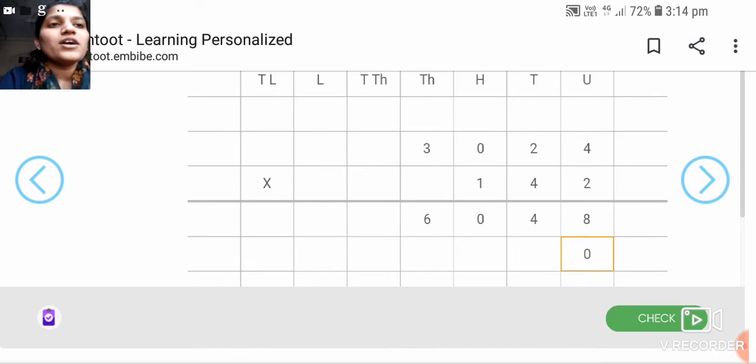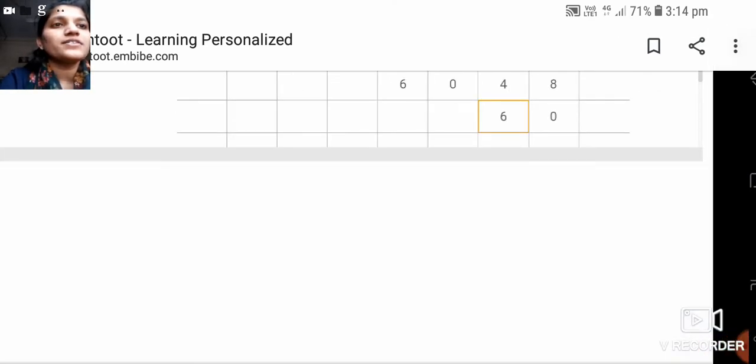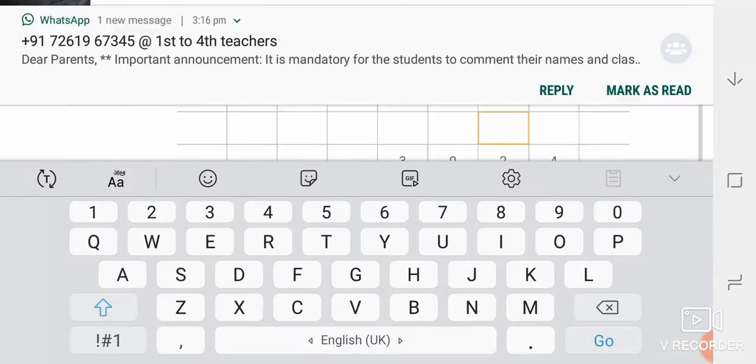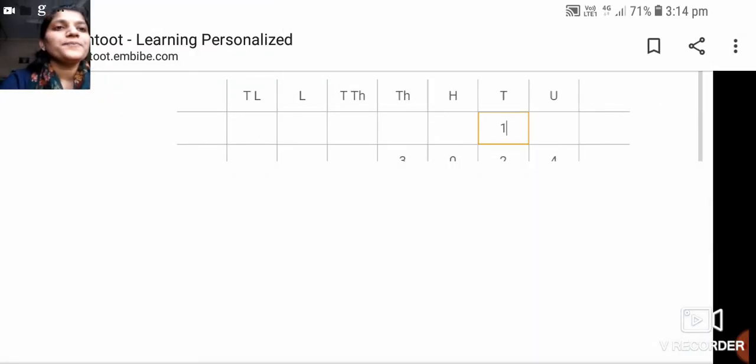Okay, so now we are going to multiply 3024 by 4. So 4 4s are 16. So 6 we are going to write here, and 1 will be carryover. Okay, 1 will be carryover, so we'll write it here.